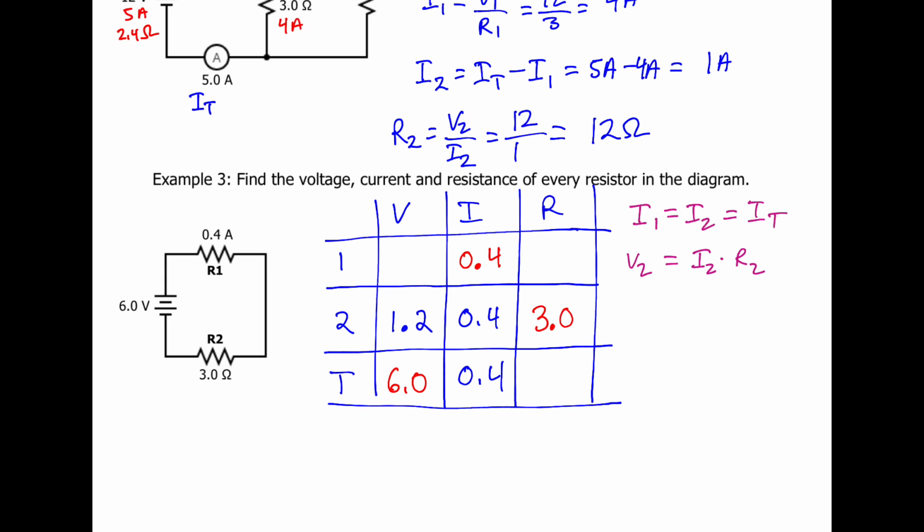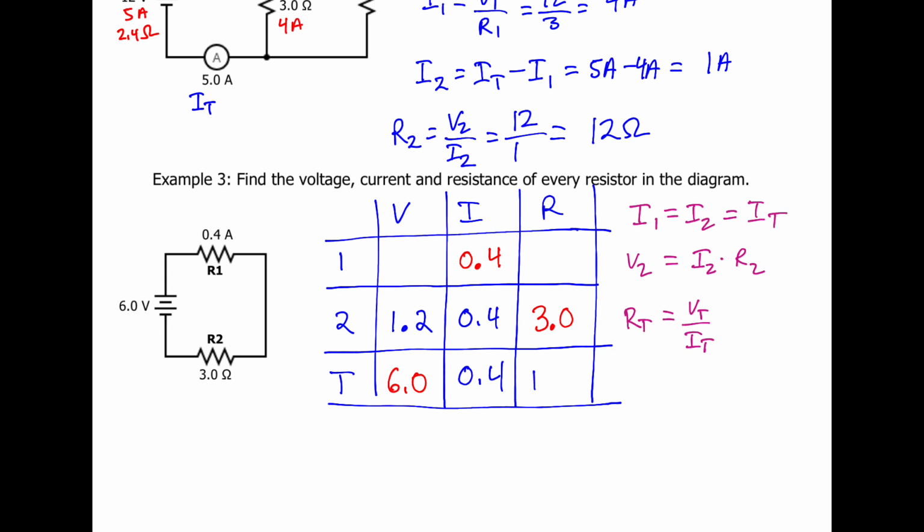So the next one I was going to do is the resistance total, which is voltage total over current total. Got to remember my Ohm's law. Okay, so that's the next one I'm going to do. That one gets me 6 and 0.4, so it's voltage. 6 divided by 0.4 is 15.